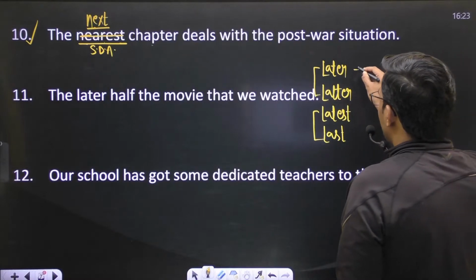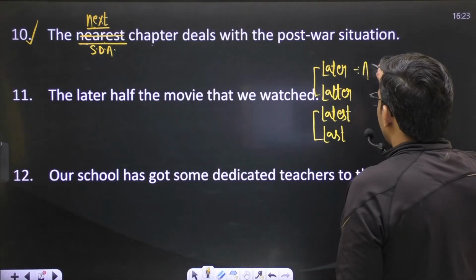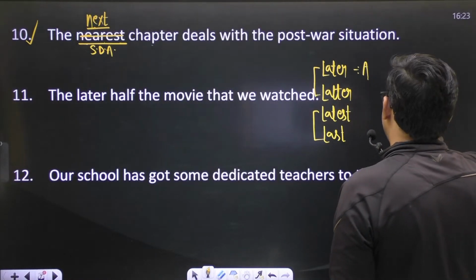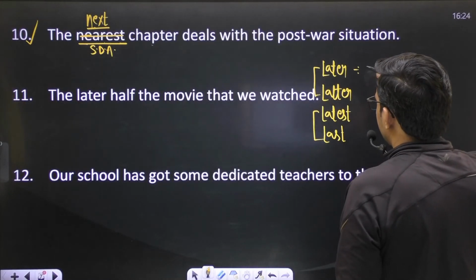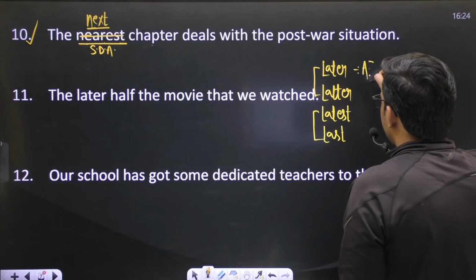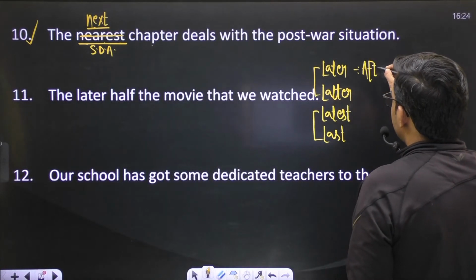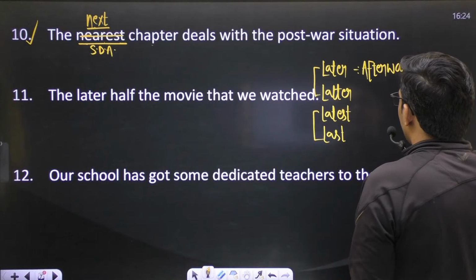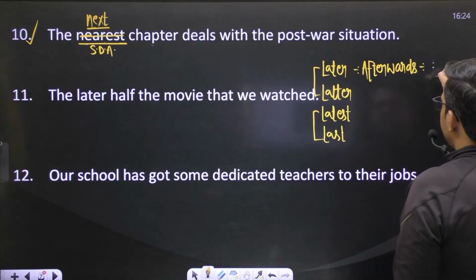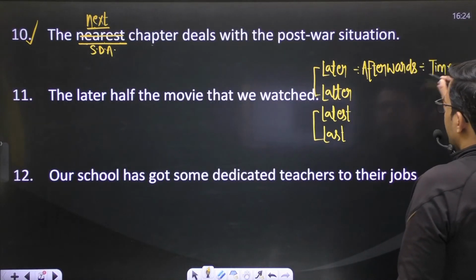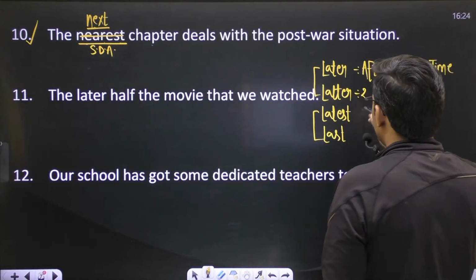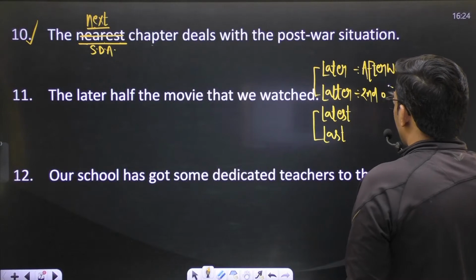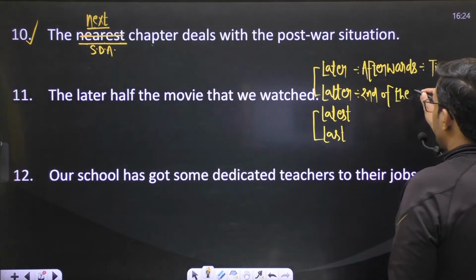The meaning of later is, you can say, afterwards. The word later shows the sense of afterwards, and it denotes time. LATTER, it shows the sense of second of the two.